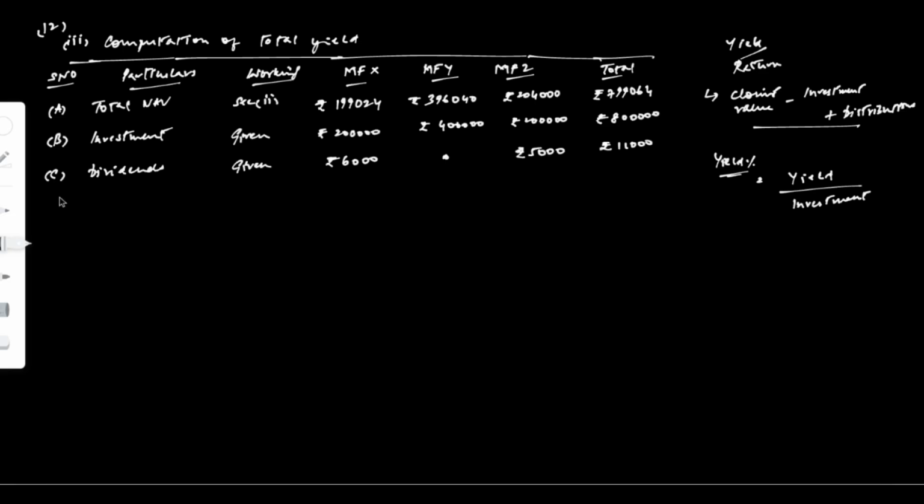Now, what is yield? It is total NAV minus investment plus dividends, that is A minus B plus C. So it will be 199,024 minus 2 lakh plus 6,000, that is 5024.